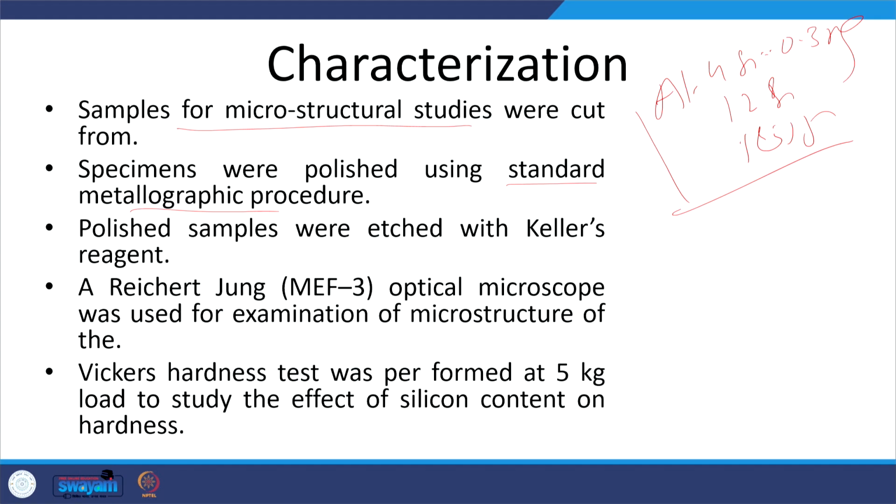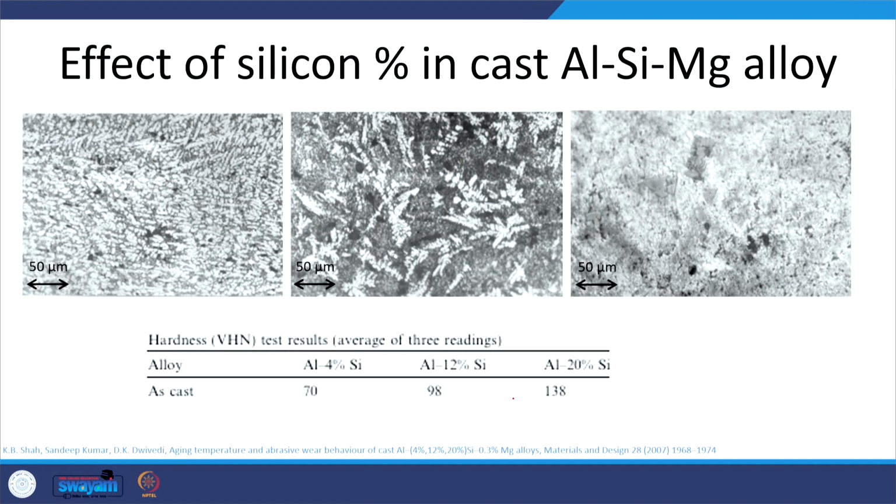After grinding, the samples will be polished using finer grade papers, and then polishing will be done using cloth, and after the polishing is done, these samples were etched with Keller's reagent, and microstructure study was performed using the optical microscope. Hardness was studied using the Vickers hardness test at a load of 5 kg to study the effect of silicon content on the hardness.